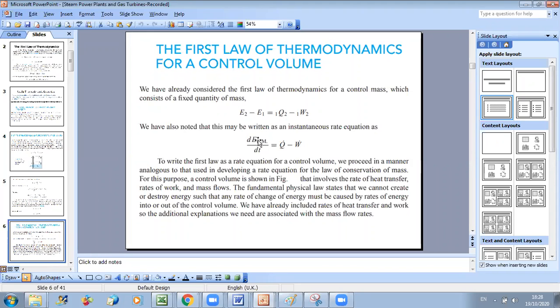Now, this equation can be derived with respect to time, so I can put it as a rate equation. All I have to do is to derive with respect to time. So I can say that the variation of energy of a control mass with respect to time is due to the heat rate minus the work rate.